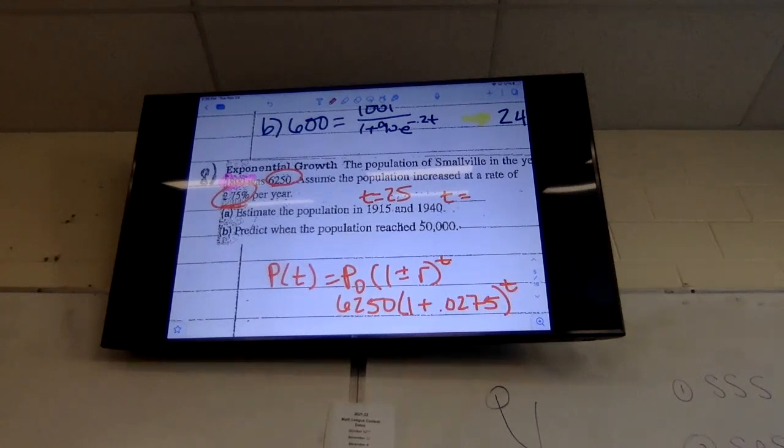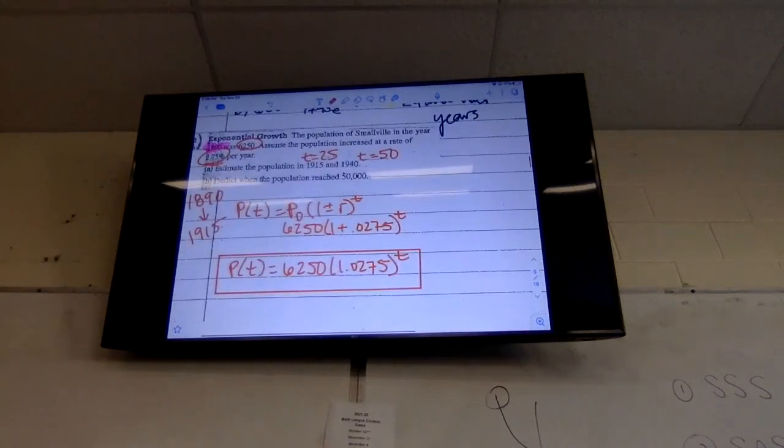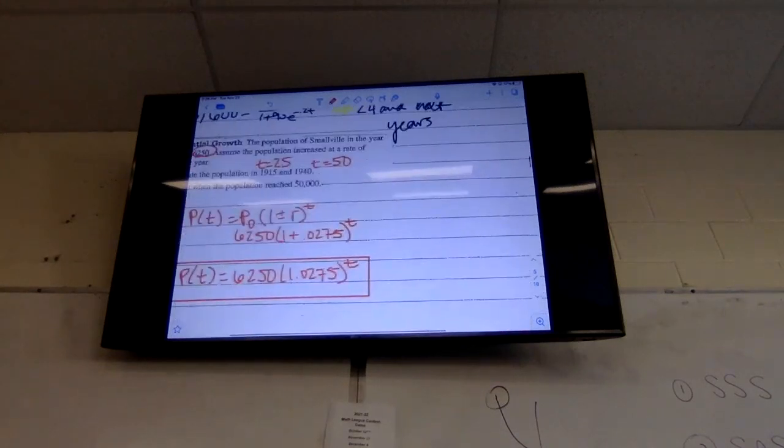So we started at 1890, and then we went to 1915. Not 60, 50, because we're going from 1890. Can you guys help me by plugging those in? Can somebody plug 25 in for T and someone plug 50 in for T?